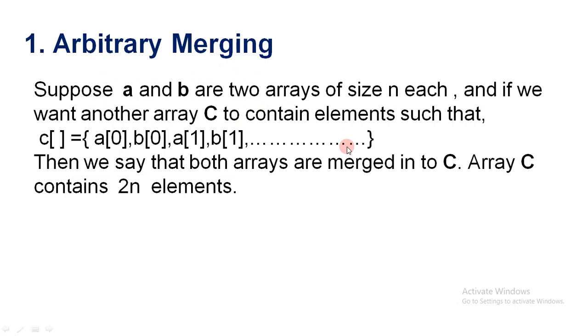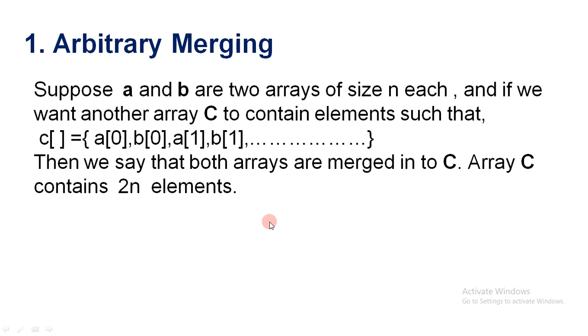Suppose A and B are the two arrays of size n each, and we want another array C to consist of arbitrarily merged arrays A and B. This is what we are doing as an example. C has its first element A of 0, the second element B of 0, the third element A of 1, the fourth element B of 1.